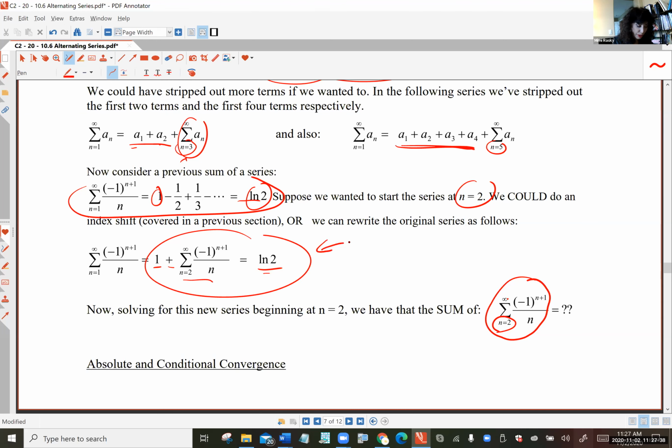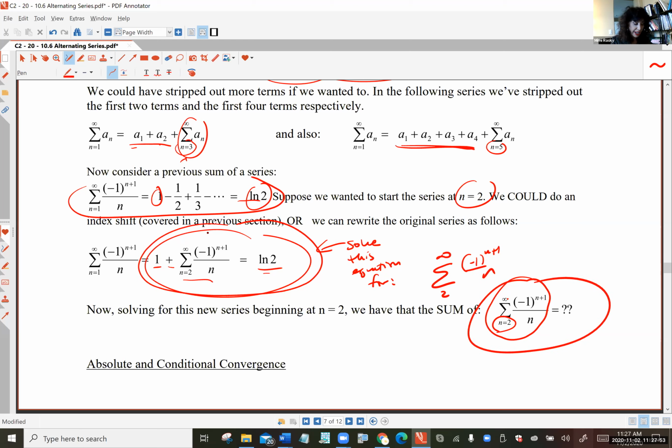All you have to do is solve this equation for the sigma from 2 to infinity of negative 1 to the n plus 1 over n, because that's what they're asking for. So what would you do to both sides of this equation in order to solve for that sigma? Quick. Factor 1. Very good. Minus 1. Exactly. So your answer is going to be that sum is equal to ln2 minus 1, the first digit. Voila. Pretty cool, huh?